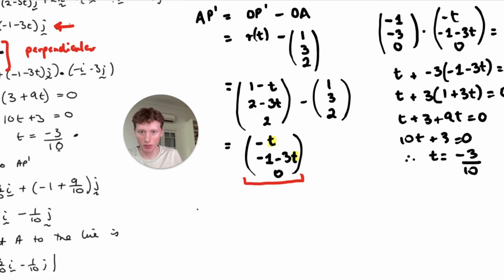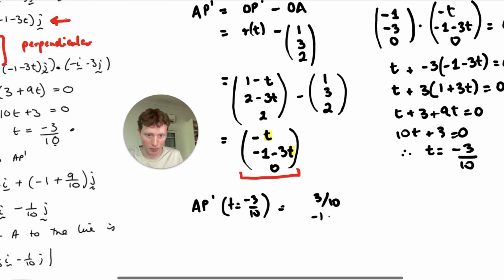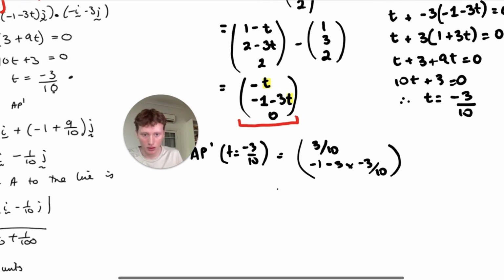And if we do that, we can say this is AP at t equals like that. So that's only going to be 3 over 10, and then negative 1 minus 3 times 3 over 10. If we resolve that, that's 3 over 10, and then that will be 9 over 10 minus 1, so minus 10 over 10.